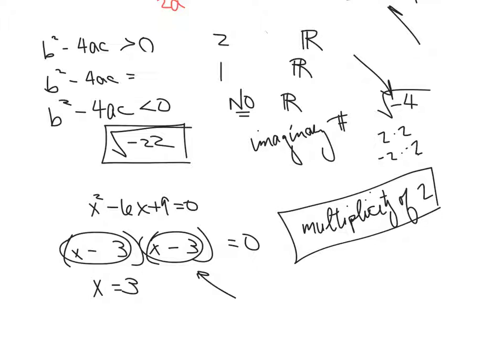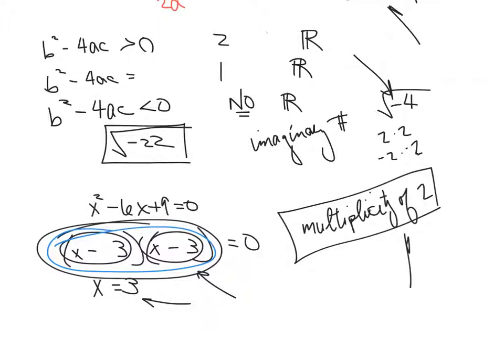Alright, so when the discriminant equals 0, there will be only one solution to the quadratic equation, and it will have a multiplicity of 2. It will be like this one. It will have one answer, 3, but it'll occur 2 times, giving us a multiplicity of 2. So whenever your discriminant is 0, you're still going to have two answers, but one solution, if that makes sense, because that one solution will occur twice, having a multiplicity of 2.